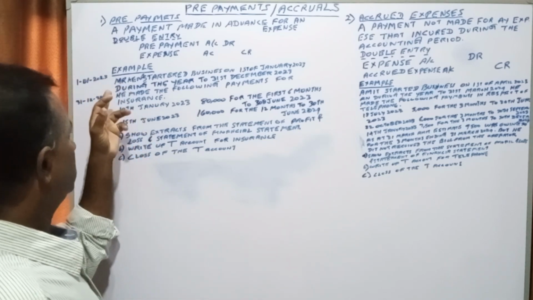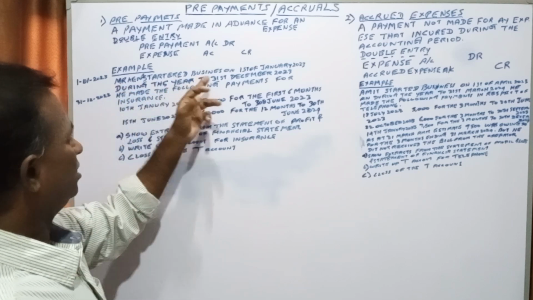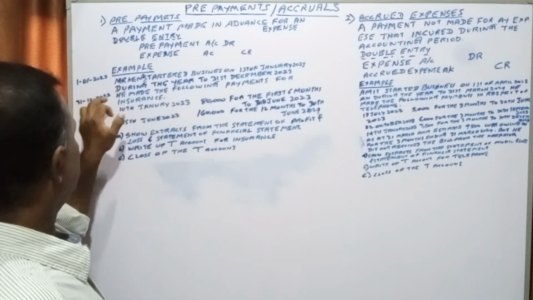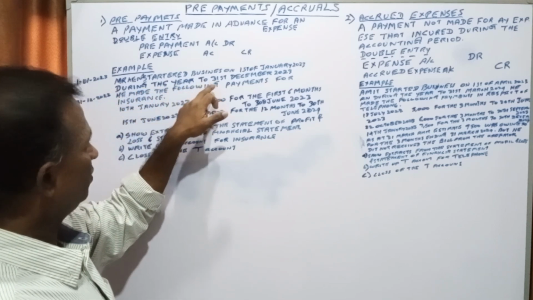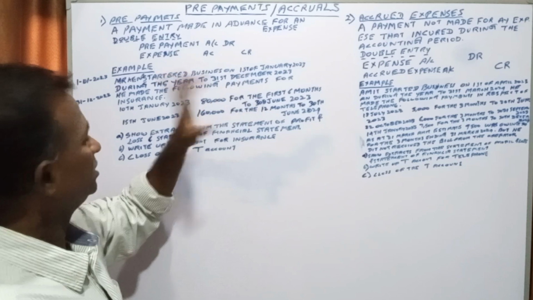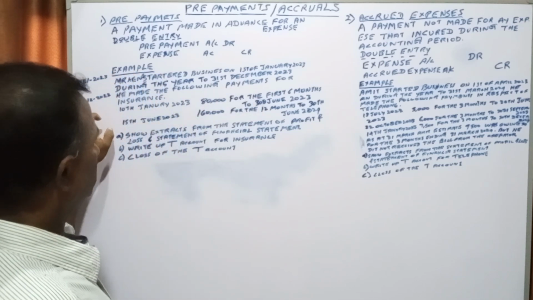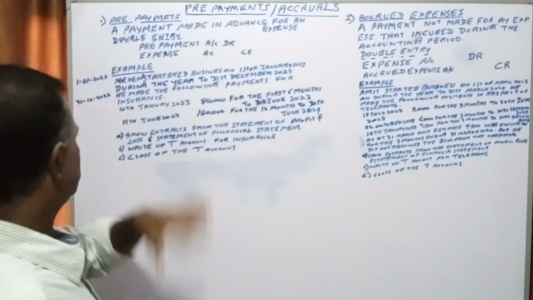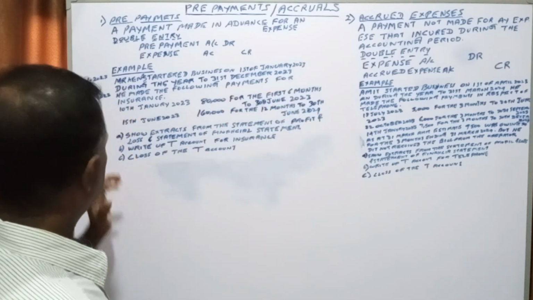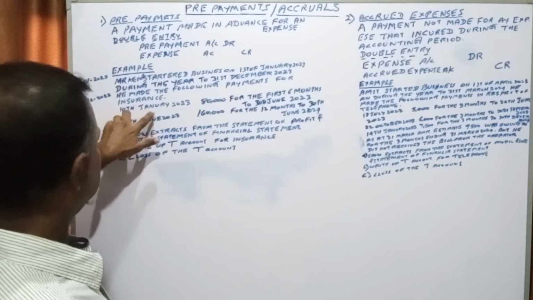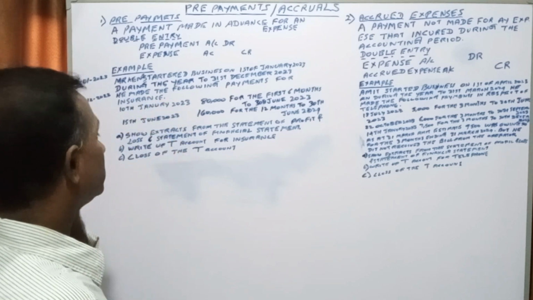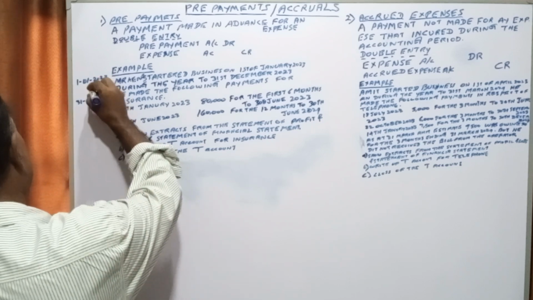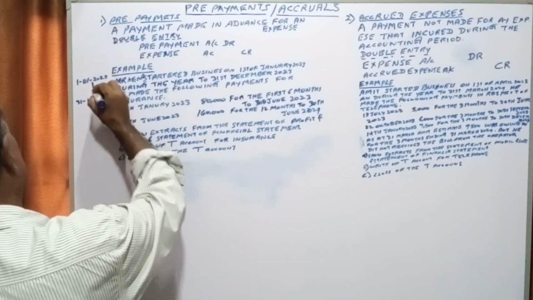So Mr. Kent started business on 1st of January 2023, during the year to 31st December 2023, and he made the following payments for the insurance, right? This is his accounting period, okay?